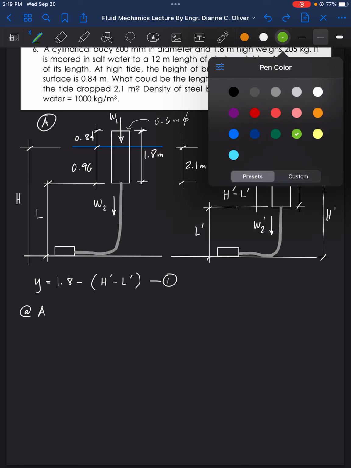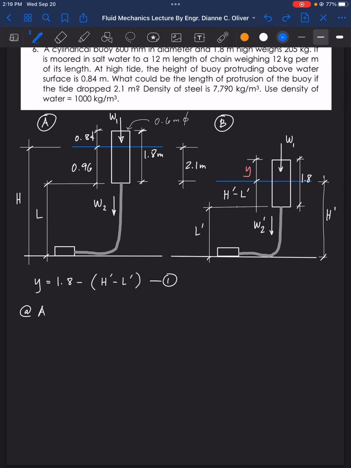Then we have the buoyant force 1 for the buoy, and buoyant force 2 for the chain, and then buoyant force 1 prime for the second scenario, and buoyant force 2 prime for the chain in the second scenario. So these are the things that are happening.